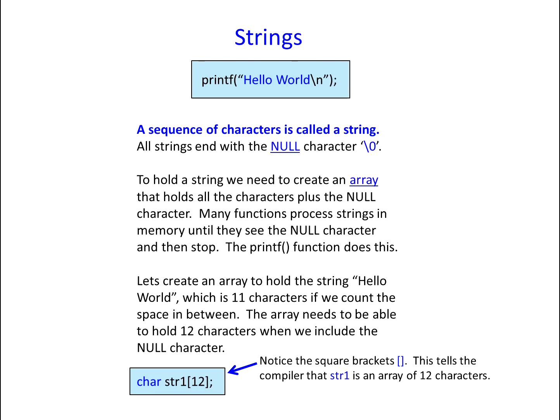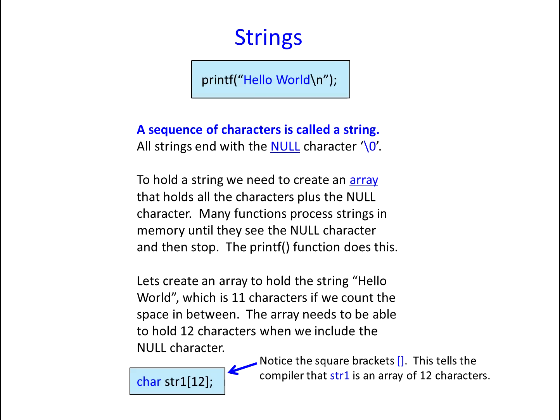Well, a sequence of characters is called a string. The interesting thing about C is all strings end with a null character, essentially this \0. So when we want to create a spot in memory that holds all our characters, we have to count all the characters that we're going to put in there plus the null character.